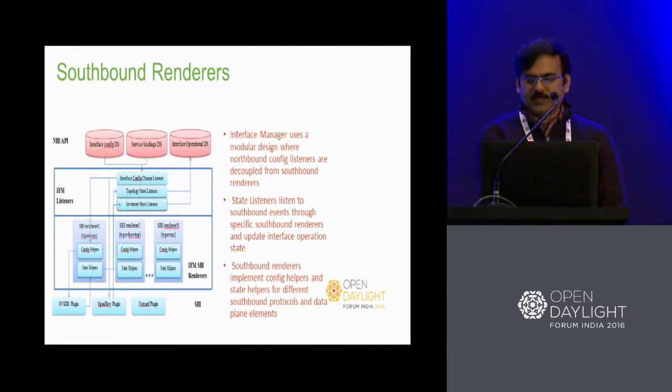Once you do that, the northbound interface does not change. So applications using these interfaces will not need any change, and they will be able to work with a new type of southbound protocol.